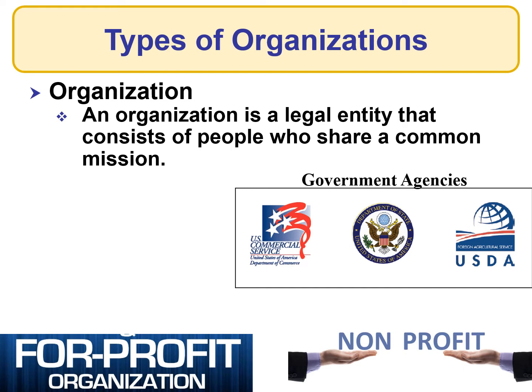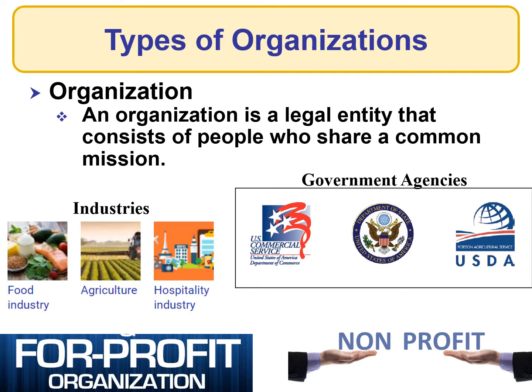The third type is the government agencies. These are like U.S. Commercial Service or the Department of State and so on. And clearly the mission is to serve the people.